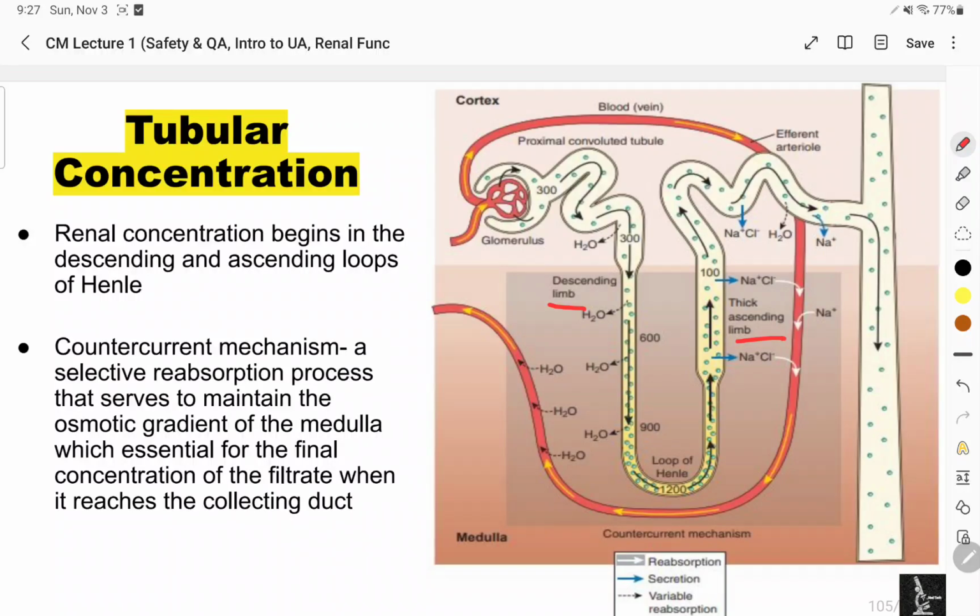Dira magsugod. So there is a term called countercurrent mechanism, which is a selective reabsorption process that serves to maintain the osmotic gradient of the medulla, which is essential for the final concentration of the filtrate when it reaches the collecting duct.